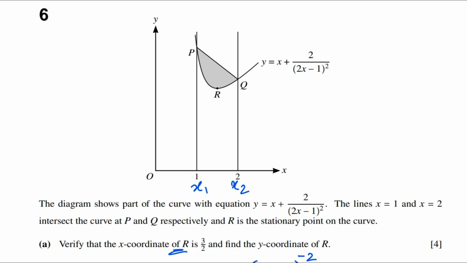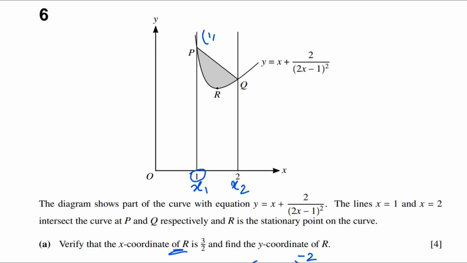So let's find out the equation of the line PQ. To find the equation of the line PQ, we need to know the coordinates of P and the coordinates of Q. For P, the x coordinate value is given as 1. So this will be 1 comma.